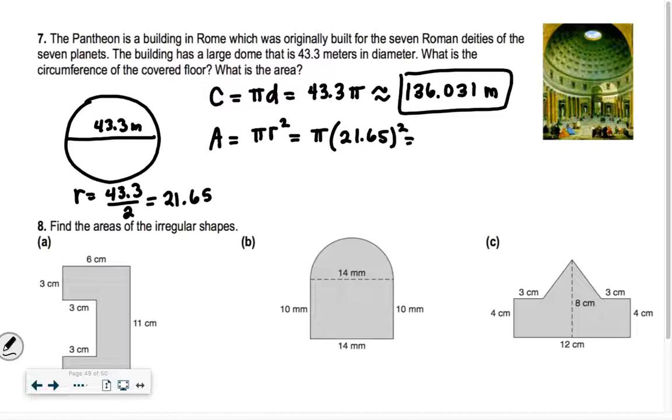So I'm first going to do the 21.65, and I'm going to square it, and then I'm going to multiply by pi. So it's 1,472.535 square meters. Okay. Makes sense?